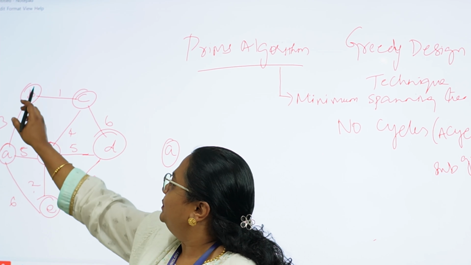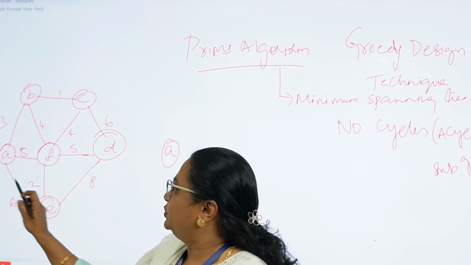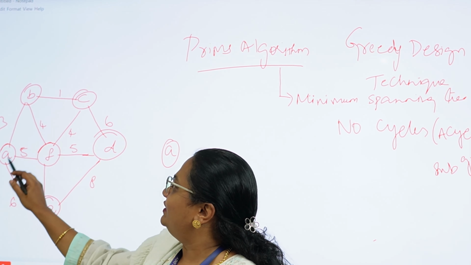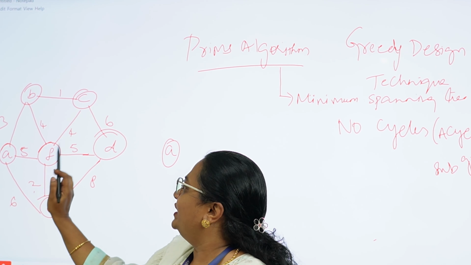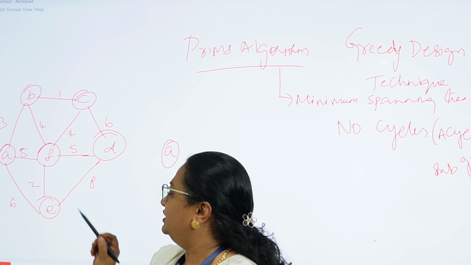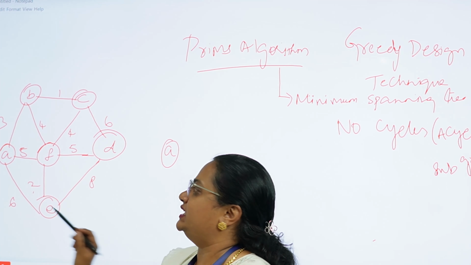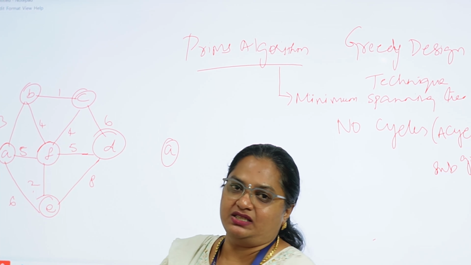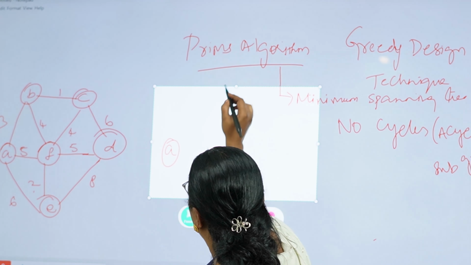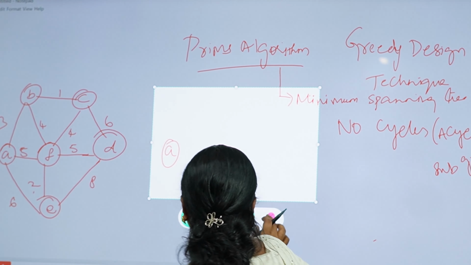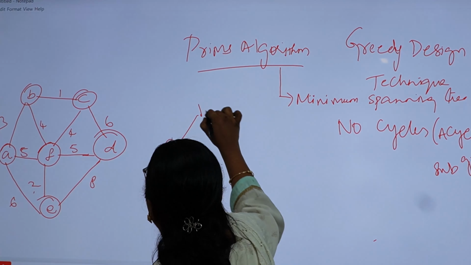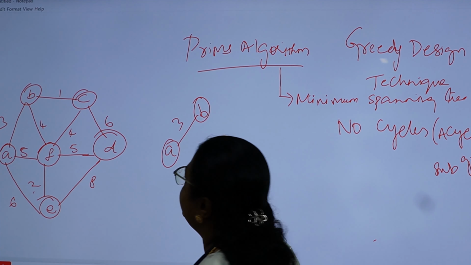You can see B, F and E are the adjacent vertices for A. The distance from A to B is 3, A to F is 5, A to E is 6. Out of this, A to B is minimum. So I'll connect A to B with the distance of 3.